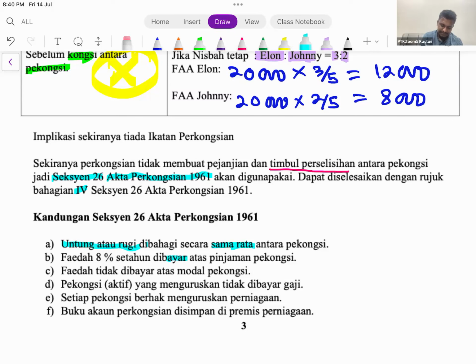Faedah atas pinjaman adalah 8%. Who give you the 8%? The akta, the law. The law give me the 8%. You need to remember that. Faedah atas modal, tak ada. Perkongsi yang aktif, even though the perkongsi actively work for the company, tidak layak mendapat apa-apa gaji. Setiap perkongsi berhak untuk menguruskan perniagaan dan buku akaun perkongsian disimpan dalam premis perniagaan.